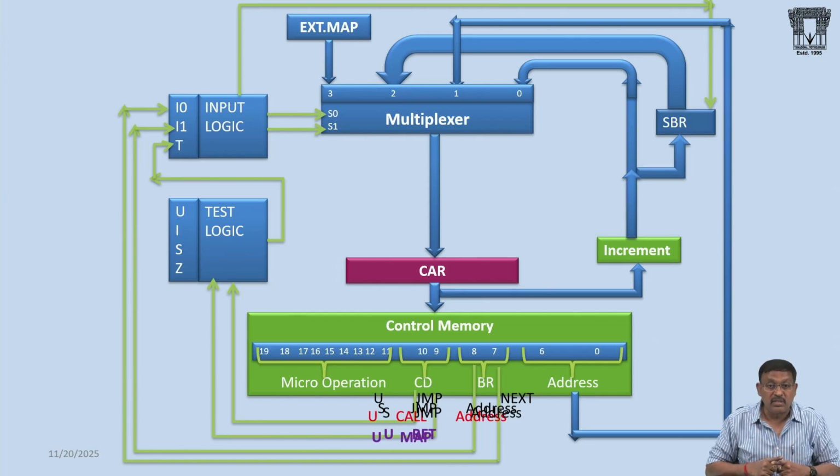Third possible source, return from the subprogram, so the return address from the subroutine register is transferred into the CR register. Again access the control memory to fetch the next instruction. Subsequently, there is another possible source of input to the CR register, that is external mapping. These are the 4 possible sources to load the next address into the CR register.